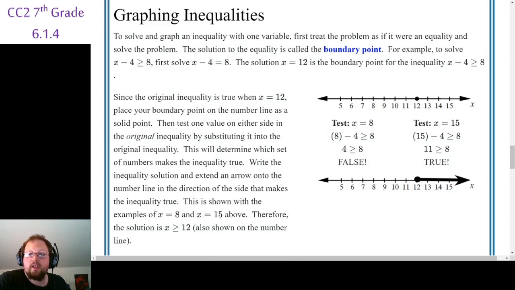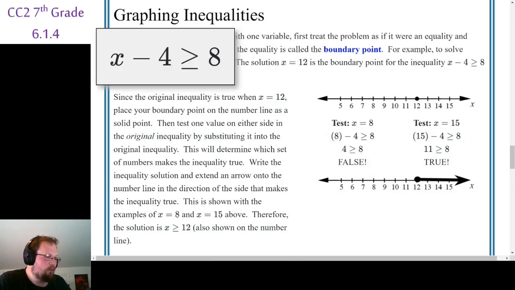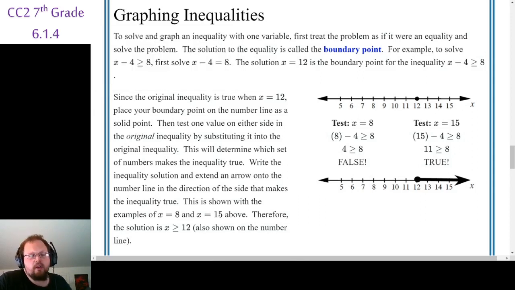Some people will find a shortcut where they say, well, the inequality arrow is pointing to the right here, so when I graph it, it has to be pointing to the right. And when you're dealing with super basic inequalities, silly tricks like that will work. So don't start trying to find inequality shortcuts yet.